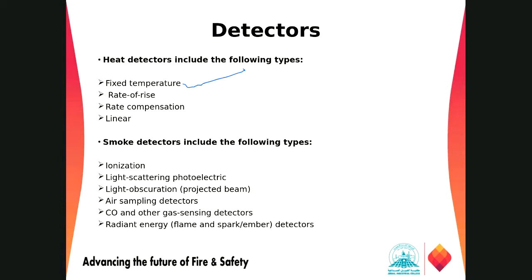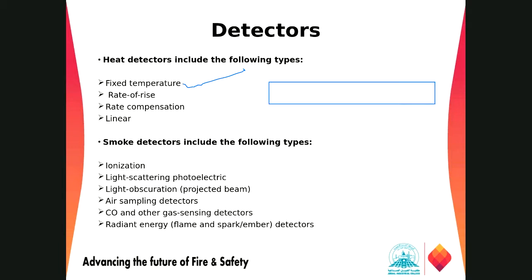The fixed temperature detector will activate at a certain fixed temperature, right? The rate of rise detector looks at the change of temperature in the room within 1 minute. So something like a change of around 6 degrees Celsius in 1 minute will activate it. The linear one is used to protect, for example, metal raceways inside some areas.